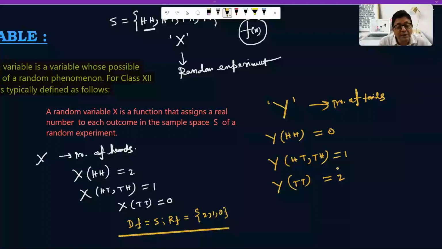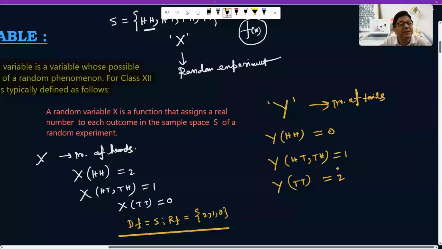So understand, X can be treated as a function which is a random variable, it has domain and it has range also. So in this context, I would like to ask you one simple question which you might face in all examinations, including your CBSE board examination in 2025.